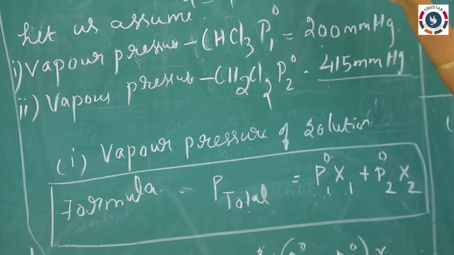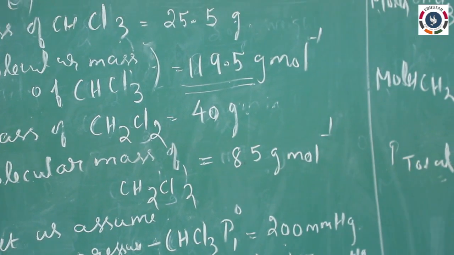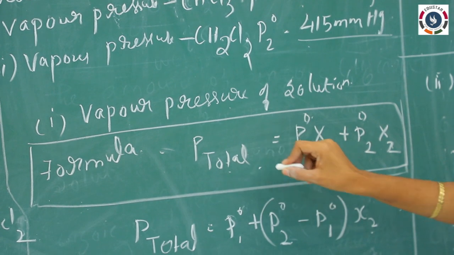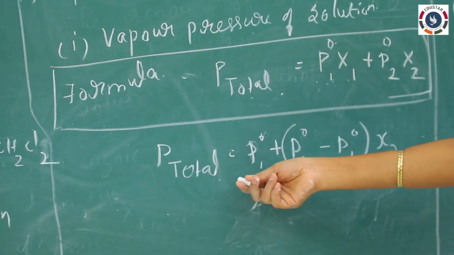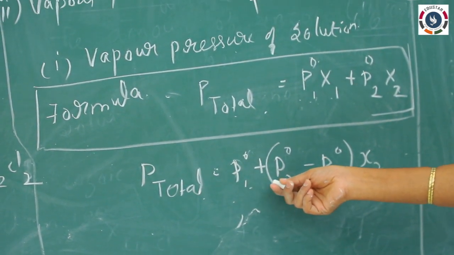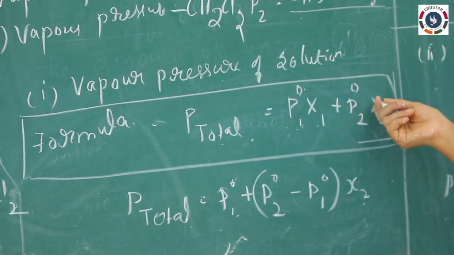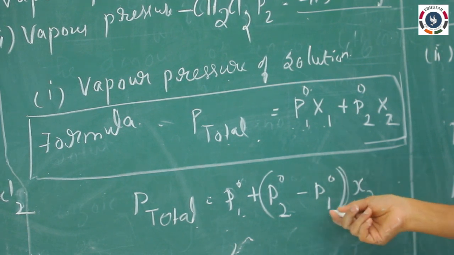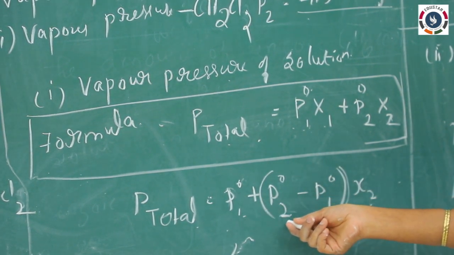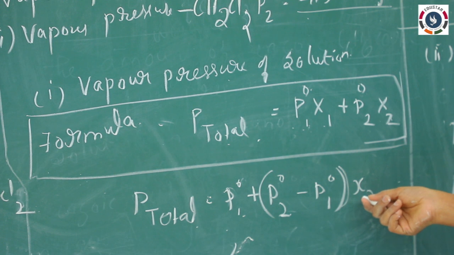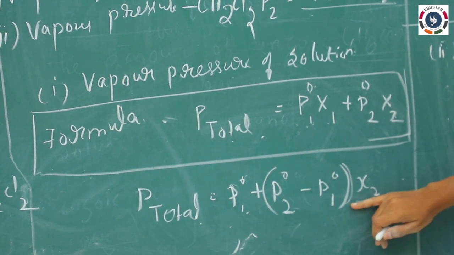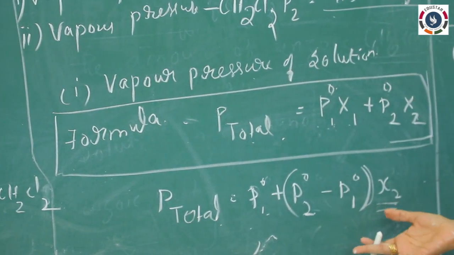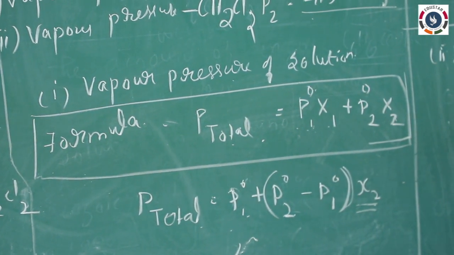P1 is meant for chloroform and P2 is meant for dichloromethane. Remember, this is the formula. From this formula I am deriving P total equals P1 naught plus, we can replace x2 by 1 minus x1, so I am getting P1 naught plus P2 naught minus P1 naught into x2. This derivation is discussed in the previous videos itself.